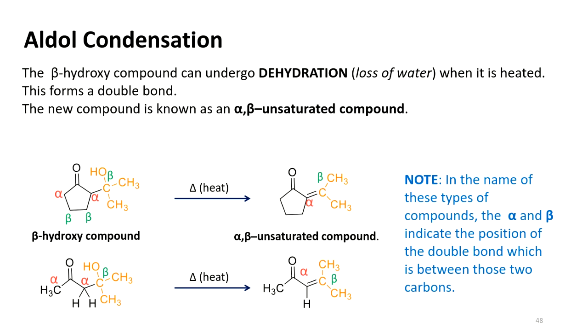And what we end up forming is an alpha beta unsaturated ketone, meaning a double bond between the alpha and the beta carbons. So once we have formed the beta hydroxy compound, in the presence of heat, we can have a dehydration, that is a loss of water, and the formation of an alpha beta unsaturated compound.